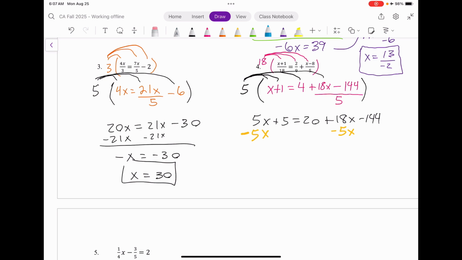So we'll subtract 5x from both sides. Well, we can combine the 20 and minus 144 real quick also. Make that negative 124. Okay, add 124 to the other side. And divide by 13. And I don't think that simplifies, so we'll leave it like that.